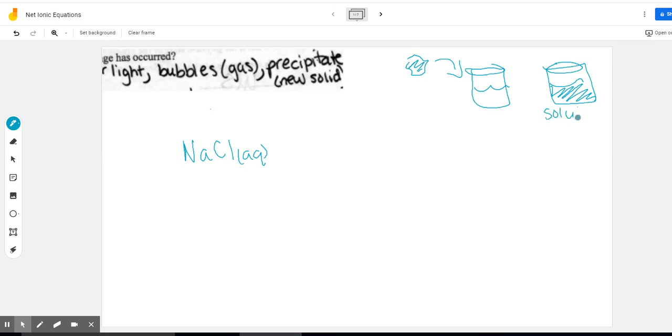This is a solution, a homogeneous mixture. This solution we represent with the state of matter aqueous. So if I have sodium chloride, and then he also added in the other liquid, which is silver nitrate, we're going to label that with another little aqueous over here.